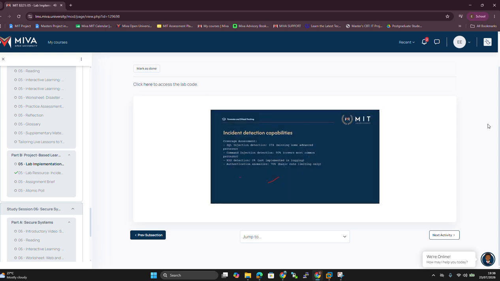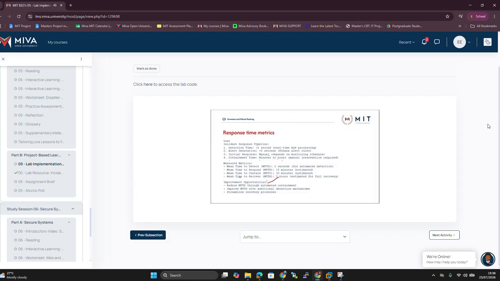Command injection, 90%. For cross-site scripting, you see that no logging will be done; by the time you look at the log, we say that it has not been done. And with authentication anomalies, you see that 70% of that has been achieved.